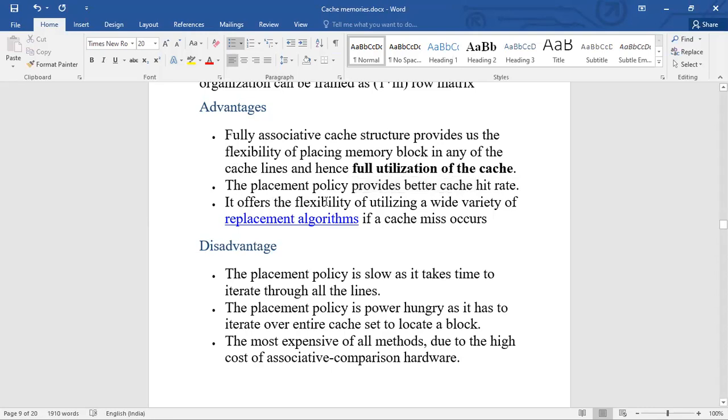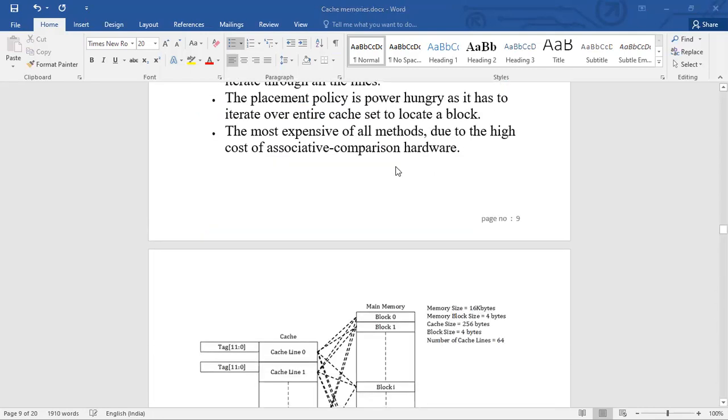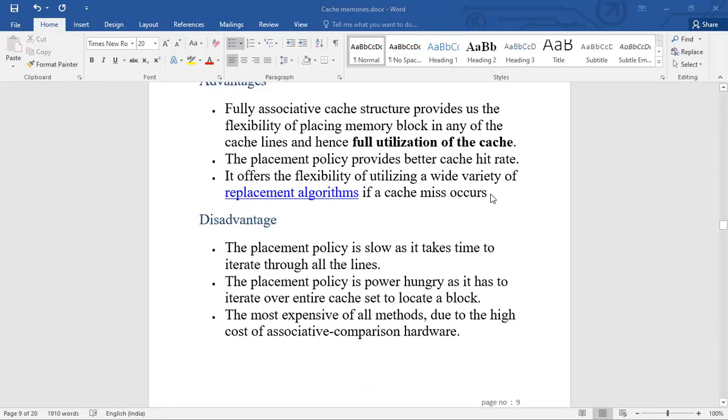Another advantage: it offers flexibility of utilizing a wide variety of replacement algorithms if a cache miss occurs. If a cache miss occurs, the user is trying to access a query from the main memory, but the cache doesn't have the data.